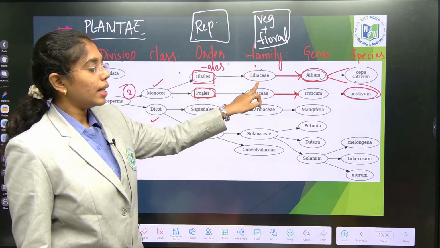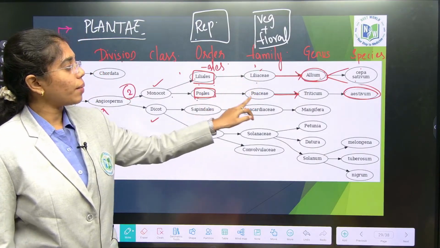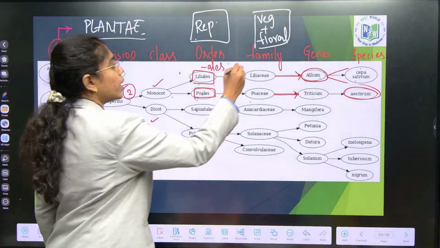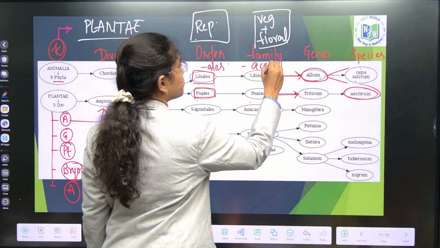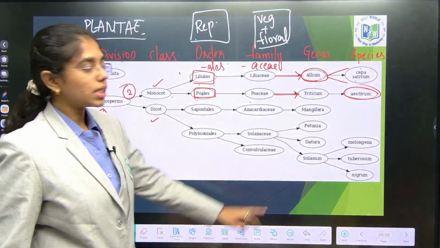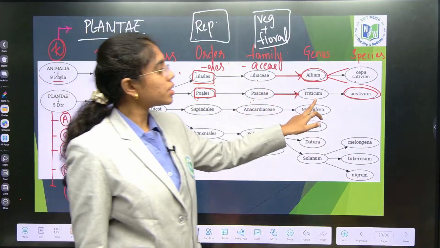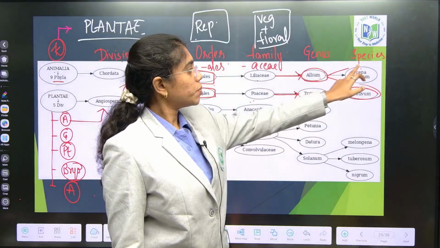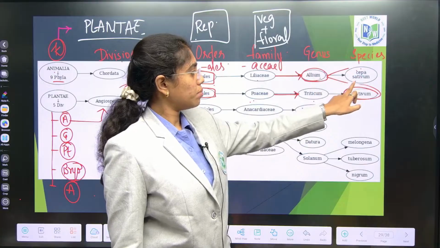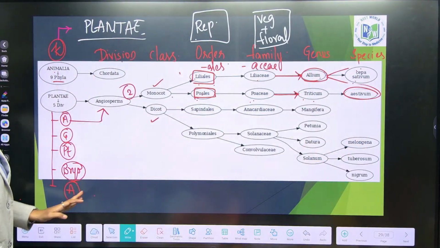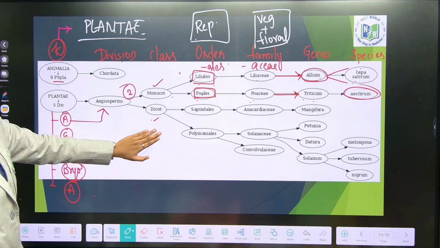Liliales family, Liliaceae, Poales family, Poaceae. Here, what is the suffix that is included? Ac. Genus under Liliaceae, Allium; under Poaceae, genus is Triticum. Allium species, Allium cepa, Allium sativum. Triticum aestivum. Clear?